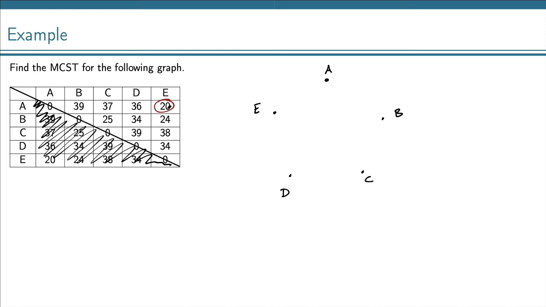That's going to be this 20, A to E. So we've got that. Our next smallest is 24 from B to E. Our next smallest is 25. That's B to C.